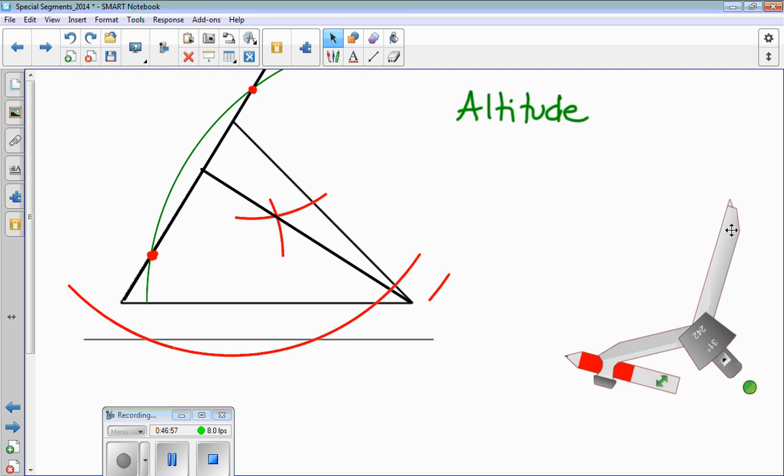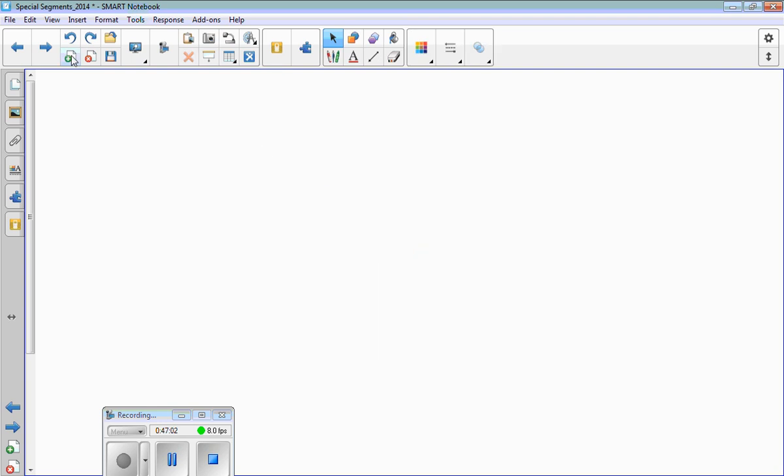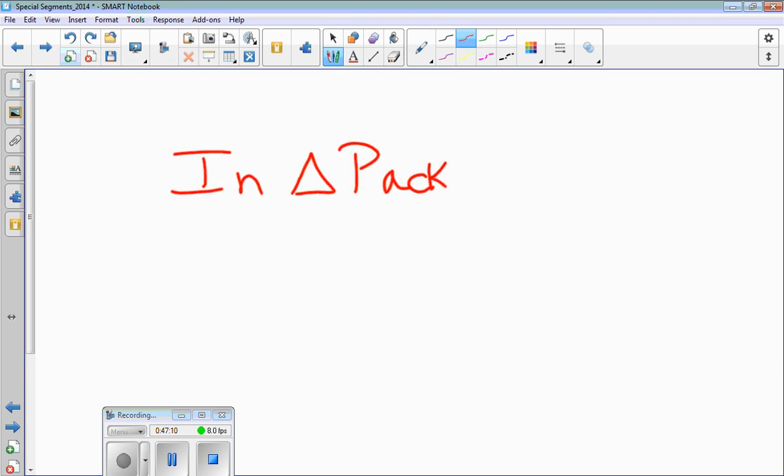In your packet, you're going to do at the bottom, page 9. So it says special segments and triangle review homework, page 9. I want you to skip this side, and I want you to skip to the next page, which is page 8.